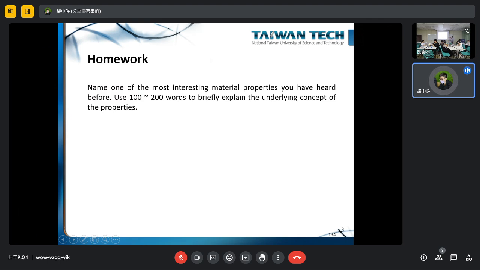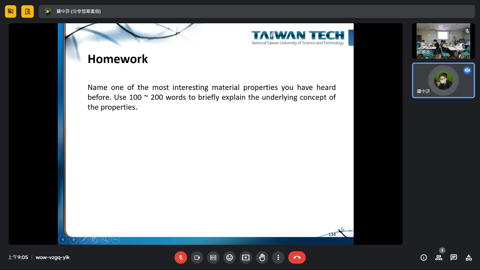But I will describe the homework first. Okay, it will be a very easy one. Name one of the most interesting material properties you have heard before. Use 100 to 200 words to briefly explain the underlying concept of the property. It will be graded depending on how interesting the material property is.